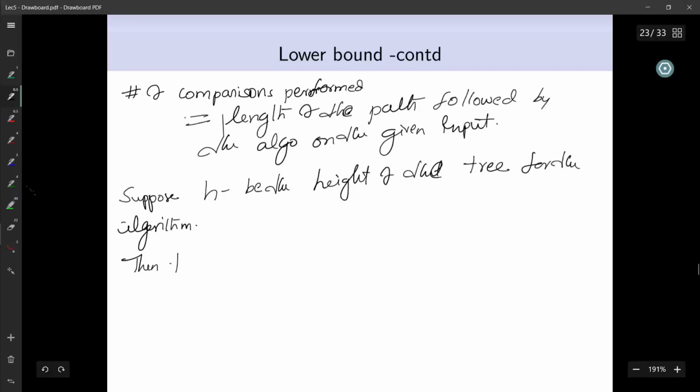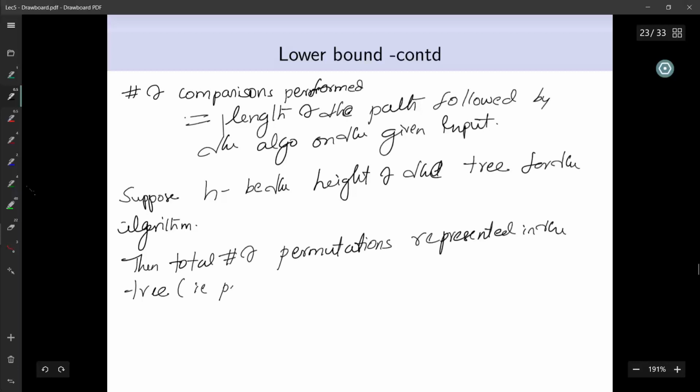Then the total number of permutations represented in the tree, that is, potential outputs of the algorithm, is at most 2 to the power h.